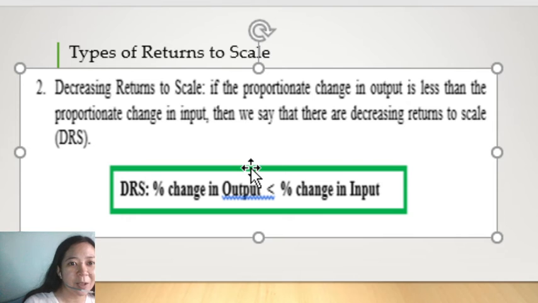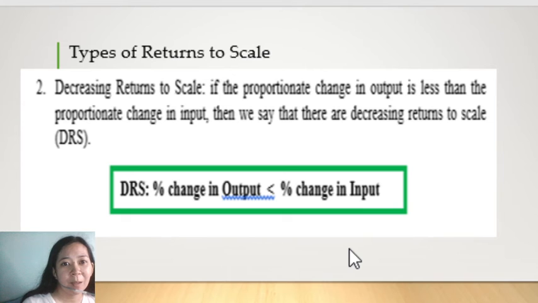Decreasing because the change in output is not equal to the change in input. Here the output change is less, meaning more change is applied in the input, but the effect does not change that much.